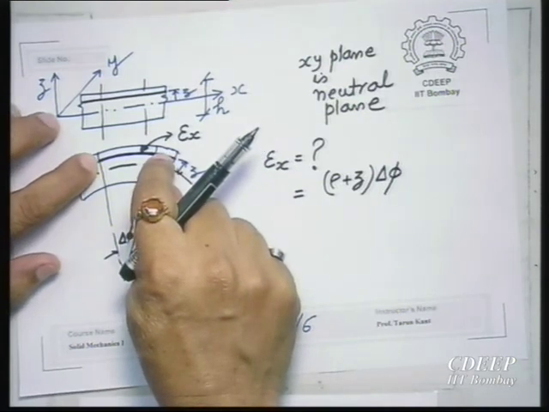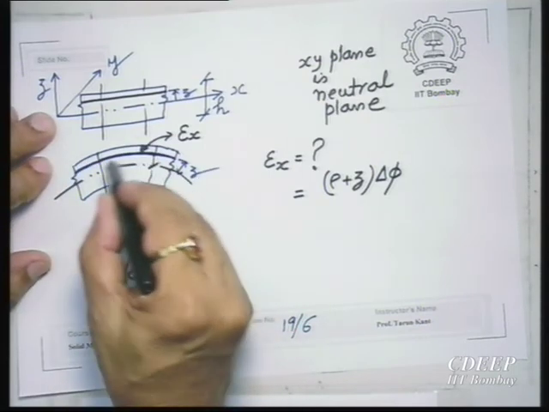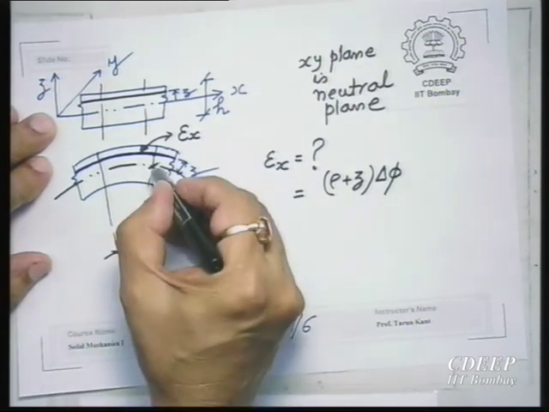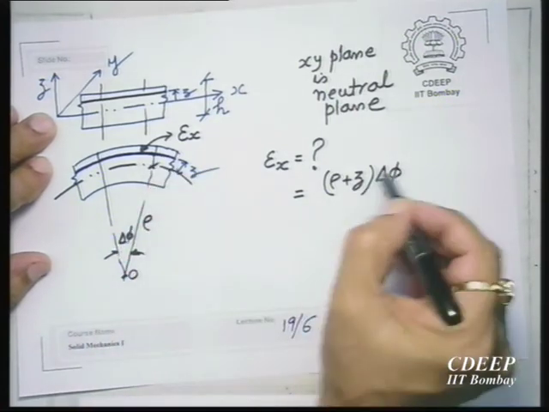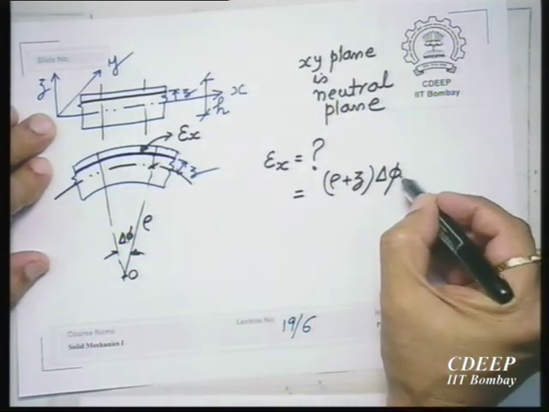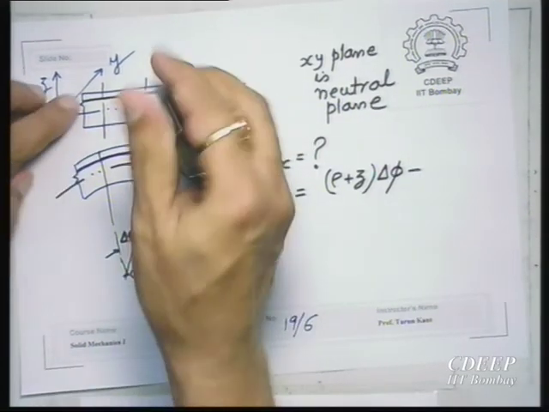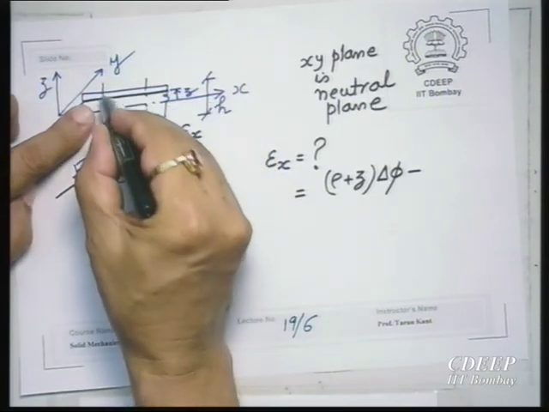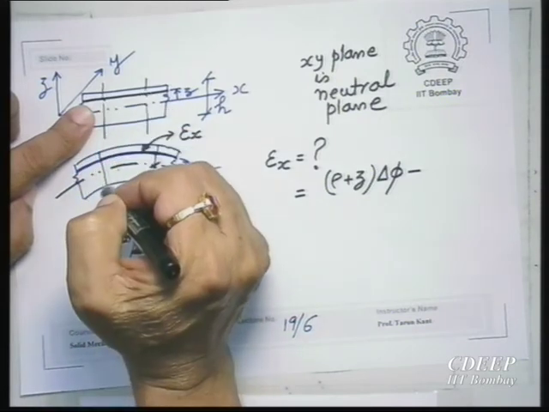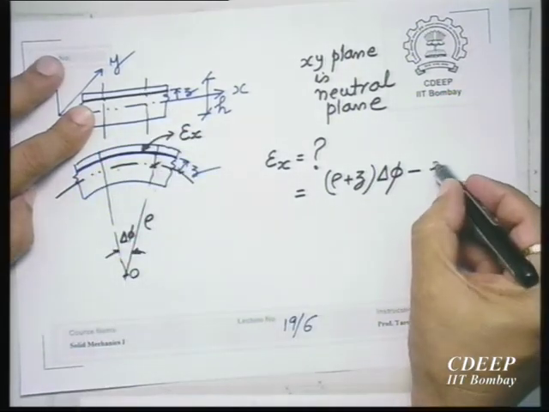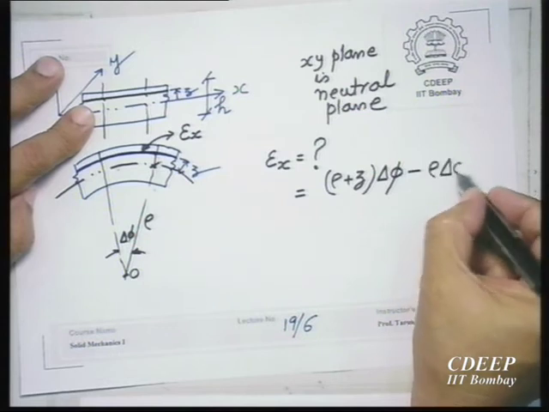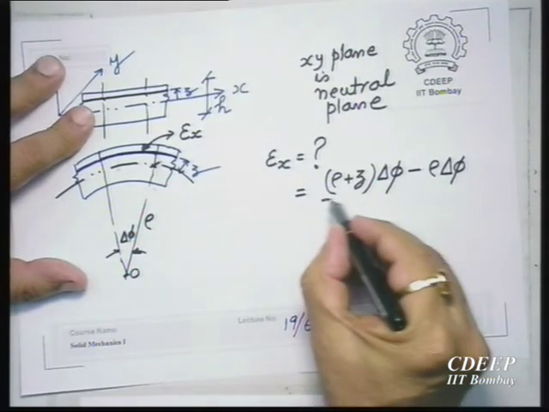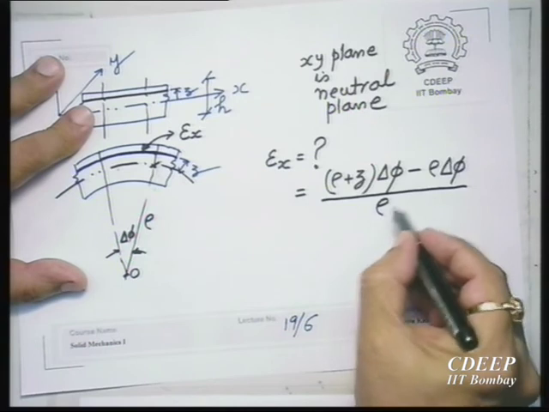Original length is the same as the length of the neutral axis; all the fibers have the same original length. So the original length will be rho times d phi. So this is the change in length, and that is divided by the original length, rho d phi.